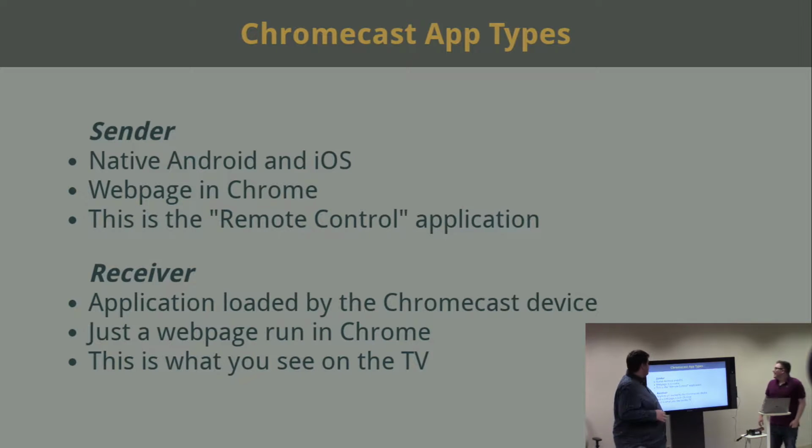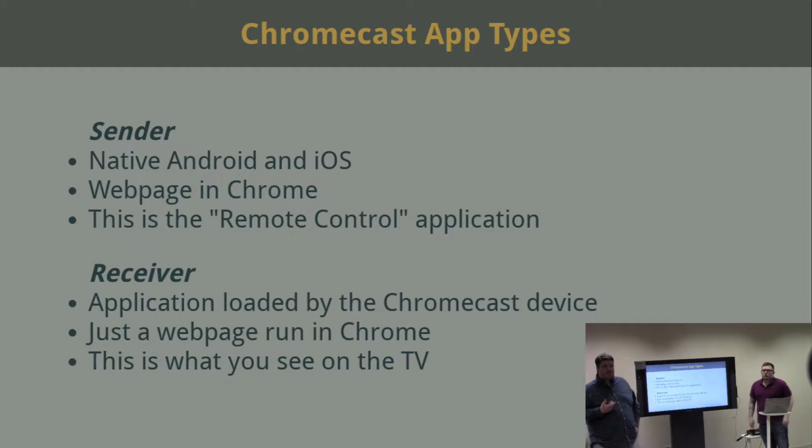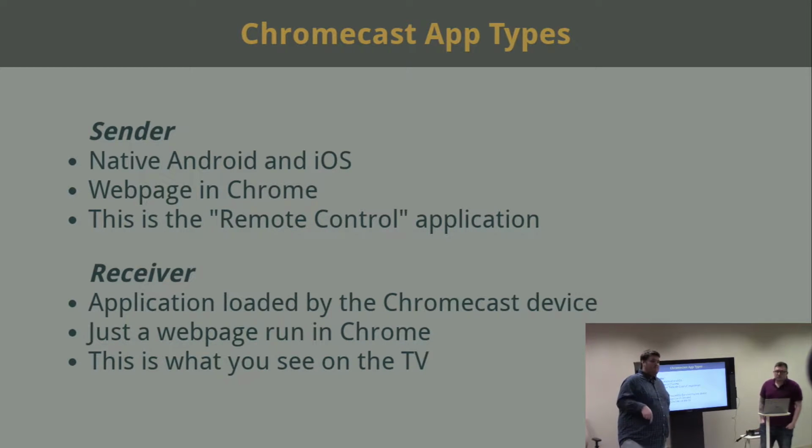In general, there are two different applications running in a Chromecast setup: your sender application and your receiver application. The sender application is effectively your remote, the thing that you're running on your Android device, your iOS device, or in your Chrome web browser.